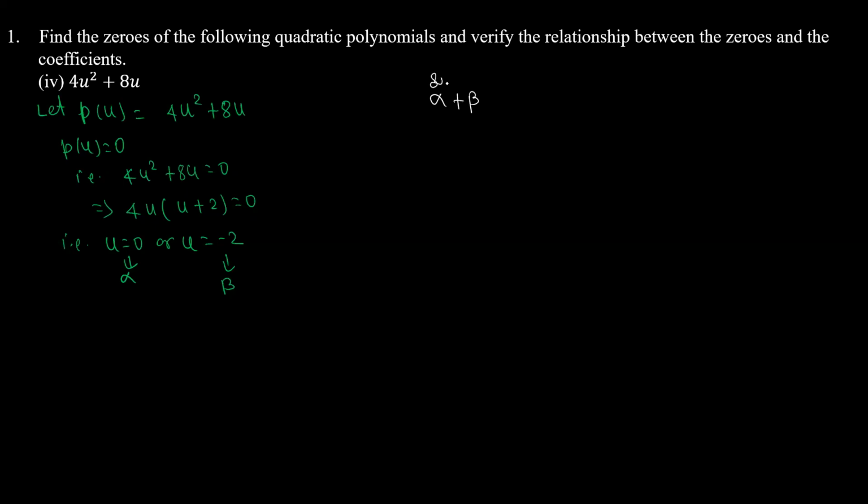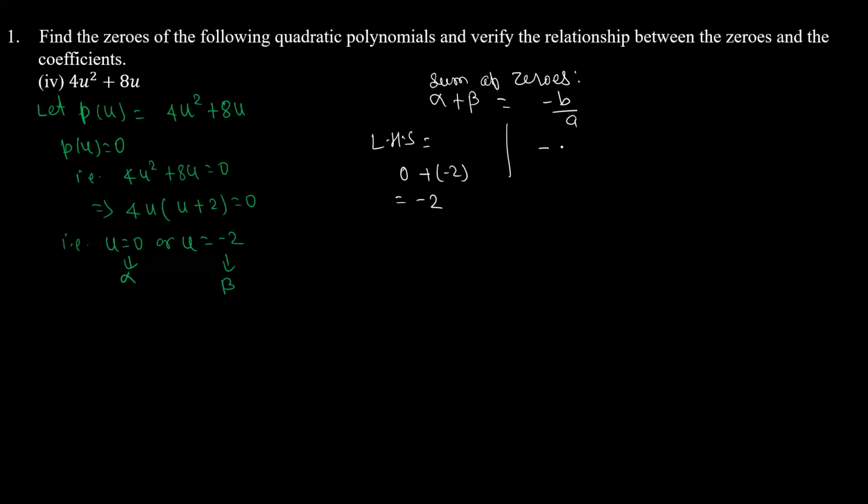Here we can write sum of zeros. Okay. Alpha plus beta किसके बराबर है? Minus b by a. So finally LHS side, alpha plus beta. Alpha अपने पास 0. Beta is minus 2. So 0 plus minus 2, this is equal to how much? Minus 2. और minus b by a.